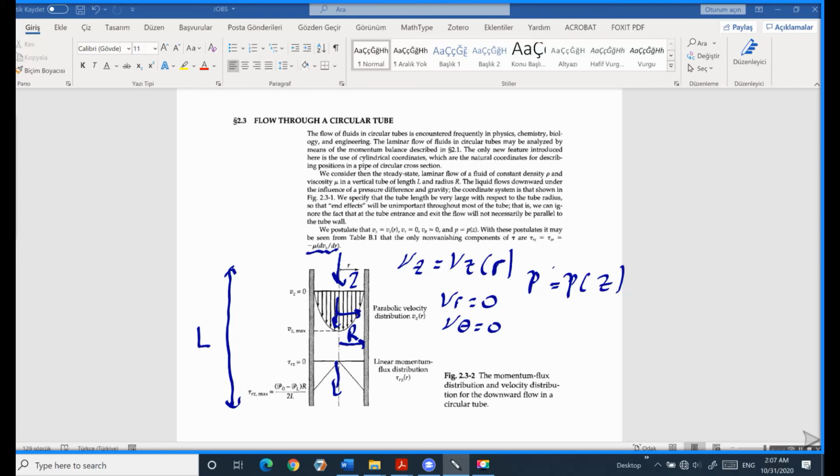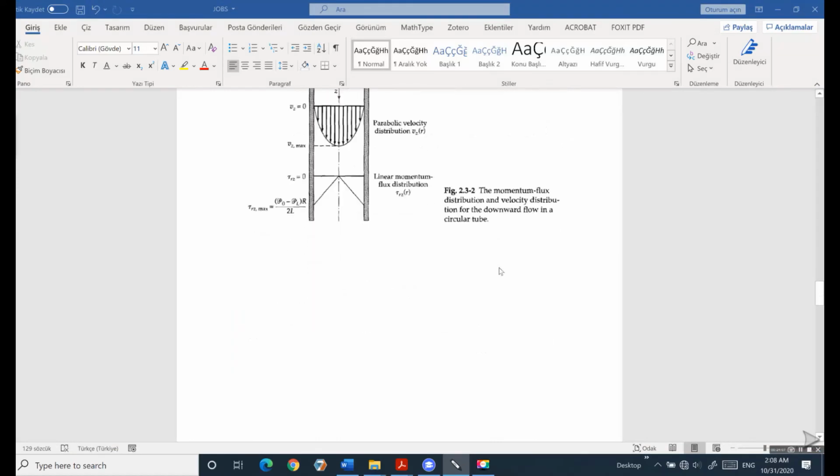So, okay, this is our problem. Now we are going to derive our equations and solve them to find the velocity distribution inside our system.